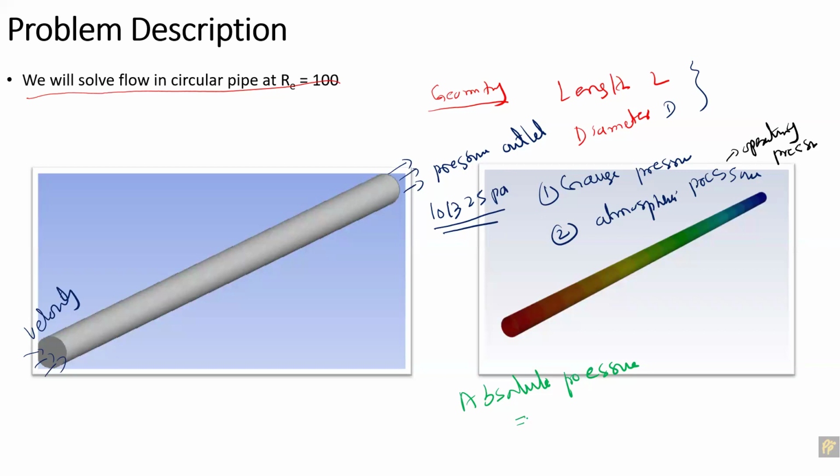Like for temperature, it will be using Kelvin. For pressure, it will be using the absolute pressure. So this is equal to the sum of the gauge pressure, the pressure that you are going to measure with some device, any pressure gauge, plus the atmospheric pressure.